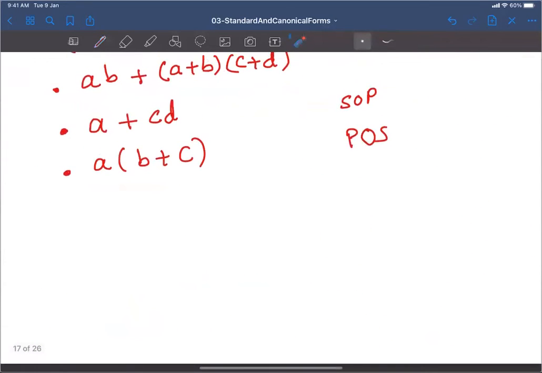Okay, so what about this example here? First of all, is it in standard form or not? No. Yes. Okay, somebody said no. Why?